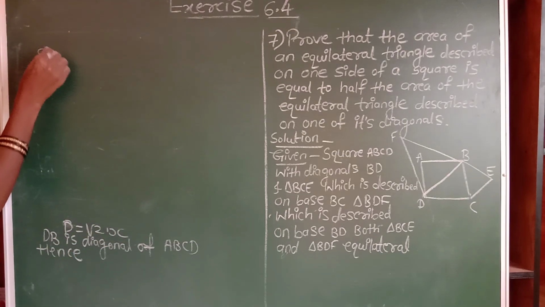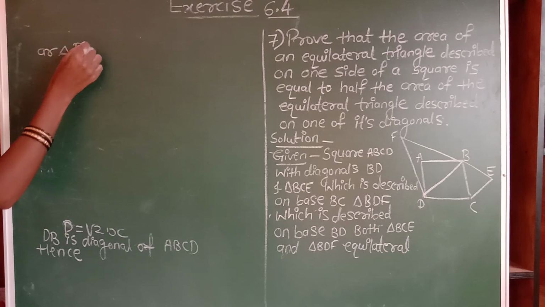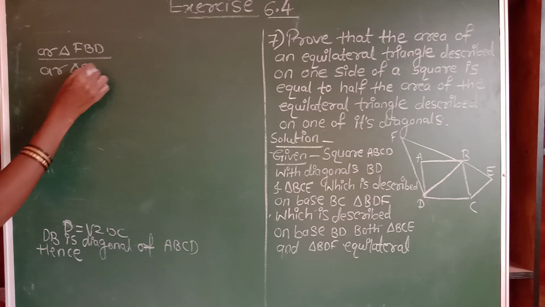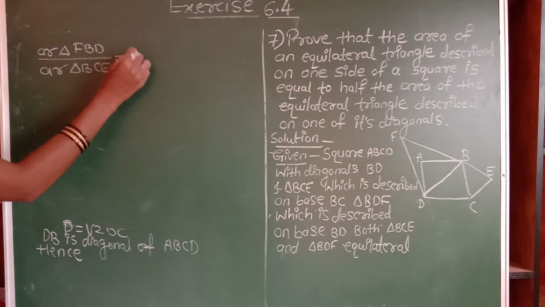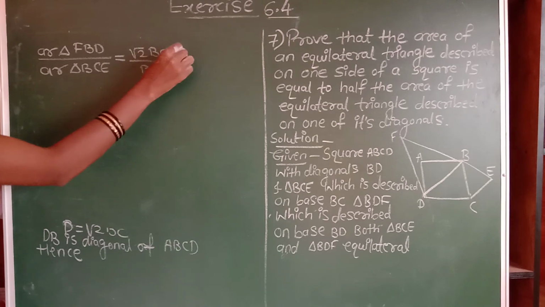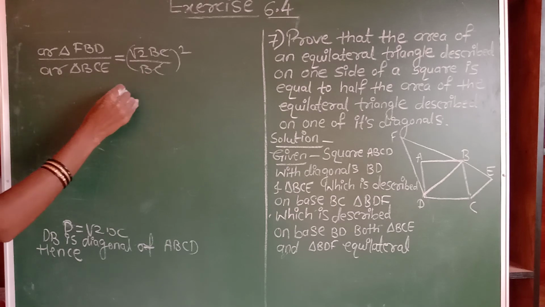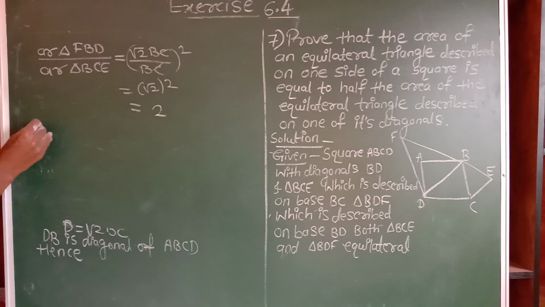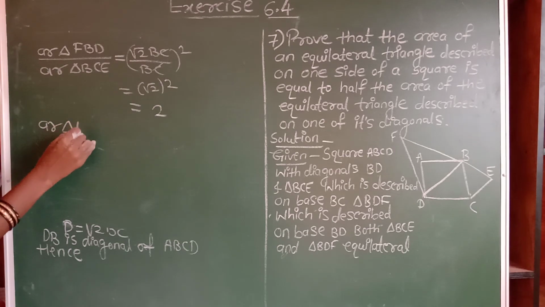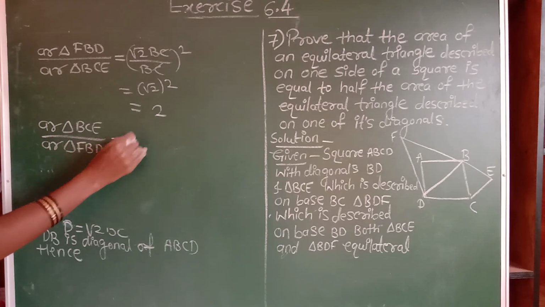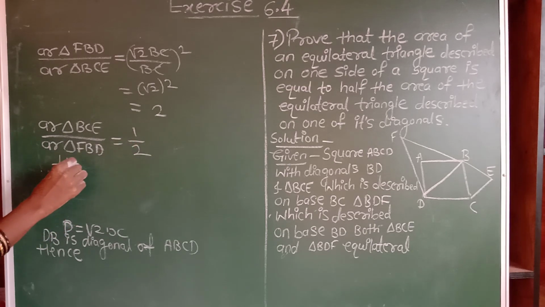Hence area of triangle FBD divided by area of triangle BCE is equal to (root 2 BC divided by BC) whole square. BC gets cancelled. Root 2 square, the square is 2. So area of triangle BCE divided by area of triangle FBD is equal to 1 by 2. Hence proved.